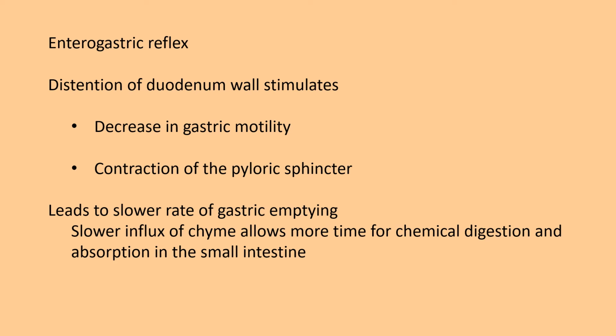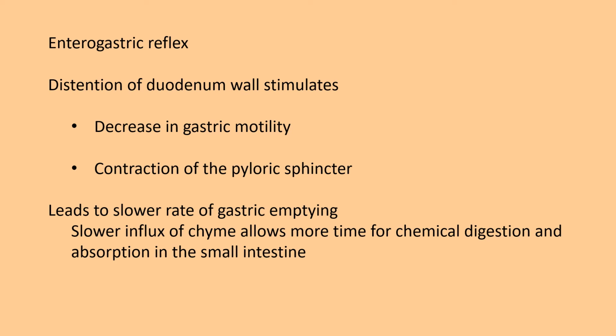The enterogastric reflex is part of the intestinal phase of digestion, and it's a reflex. And I hope by now you remember that a reflex includes sensory inputs, integration, and motor output.